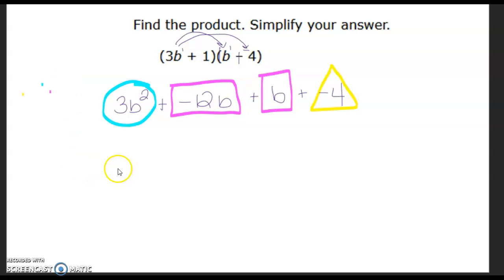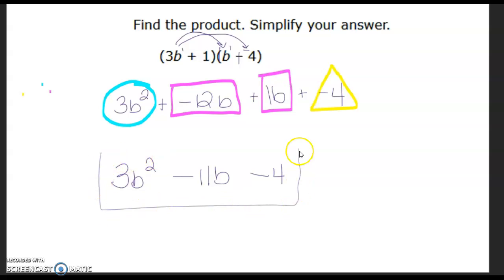So let's go ahead and combine those terms. 3b squared is just it. Negative 12b plus b. There is a 1 in front of this b, so it's actually negative 12 plus 1, which is negative 11. The b doesn't change because we're adding this time. And then you can do plus negative 4 or minus 4. It doesn't matter.